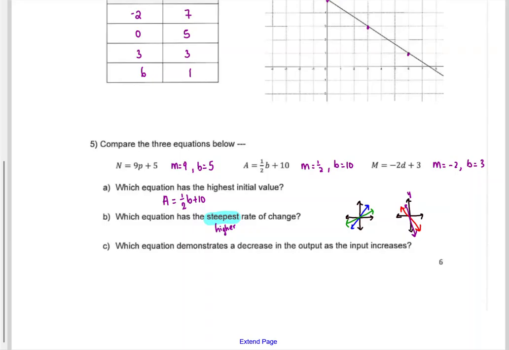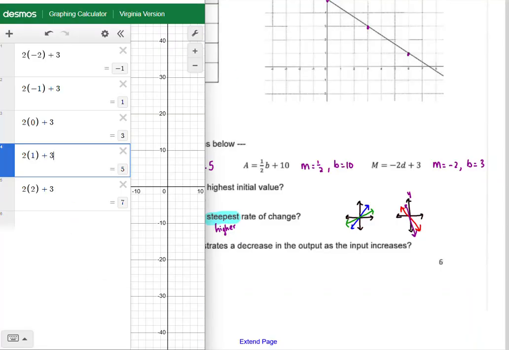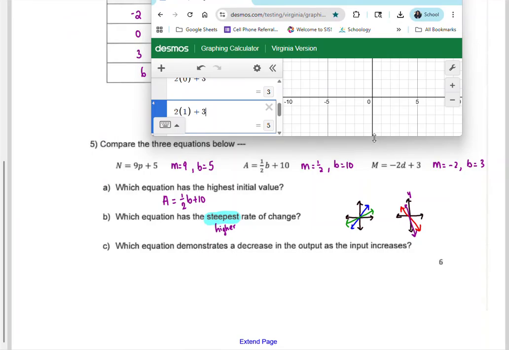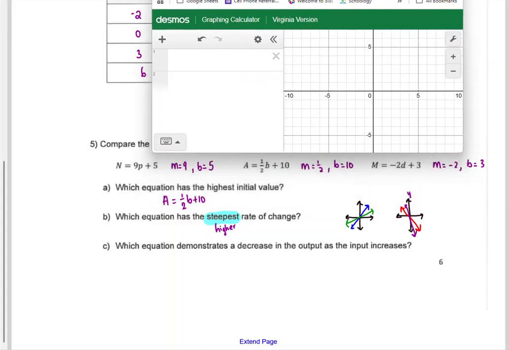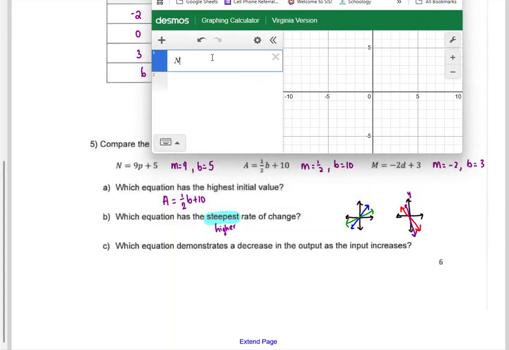Let's go ahead and actually look at it on Desmos. So where's my Desmos? Okay. In Desmos, let me go ahead and graph these 3. Okay. The first one is n equals 9p plus 5. Okay, there's the one in the red.